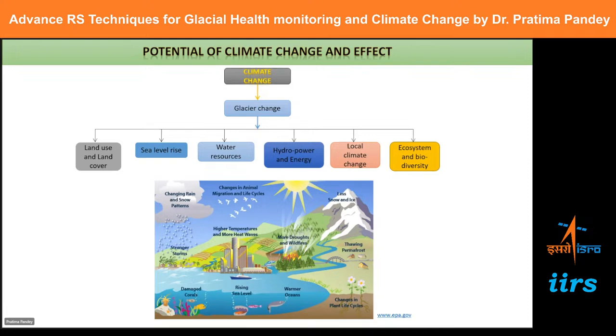If there is any change in the glacier, it will affect other sectors also, like land use, land cover, sea level will rise, water resources will be affected, the hydropower energy sector will be affected, local climate will change, and it will also affect the ecosystem and biodiversity. So the change in glaciers due to climate change won't remain constrained to itself, but will also affect other domains.